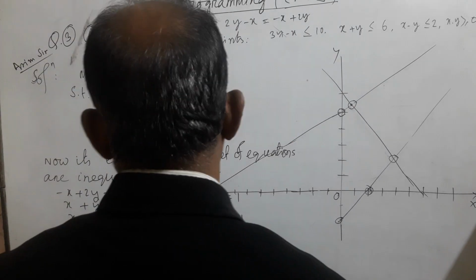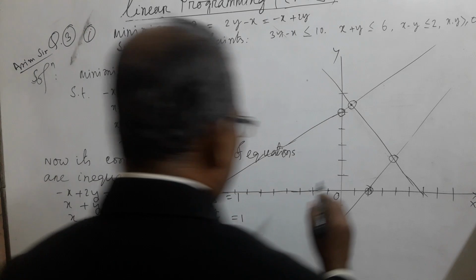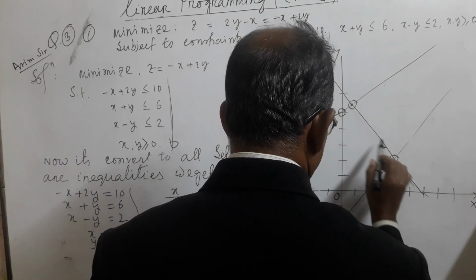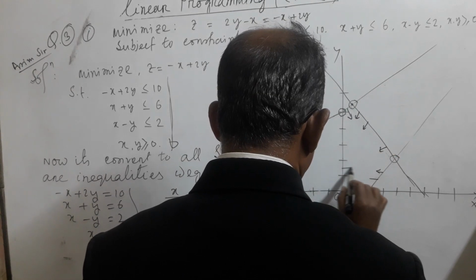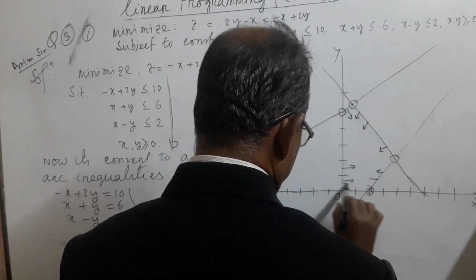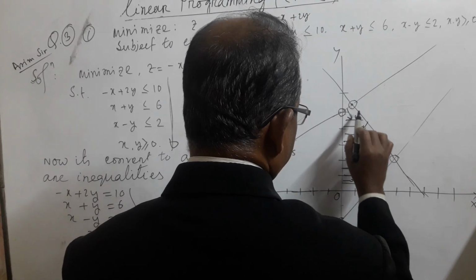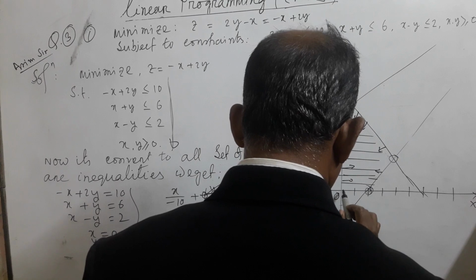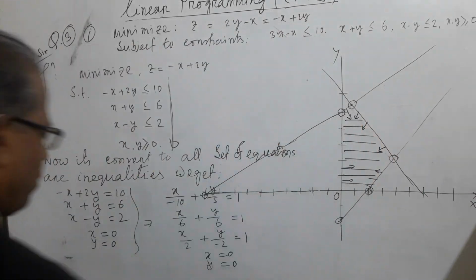These are less than or equal inequalities, so obviously the inner side is the feasible region, the inner side is the block of conditions. That's why the first points are O, A, B, C and D.